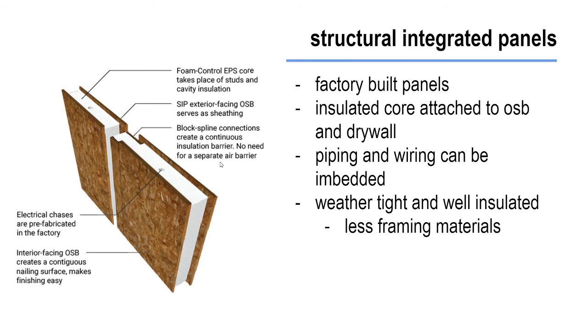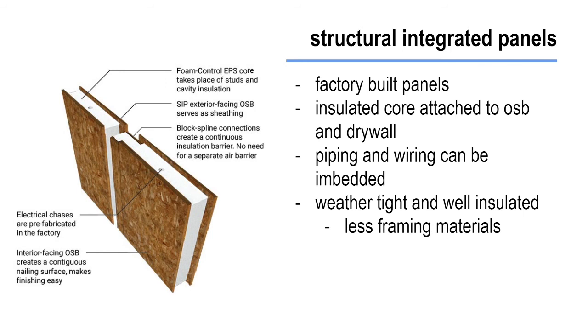Another material that you may see used are what we call SIPs, or structural insulated panels, which are factory built panels with an insulating core, and then we have OSB, or oriented strand board, adhered to the exterior surface, and even then sometimes on the interior we'll have gypsum wallboard. So both of those surfaces, though, can be altered to suit the design of the building, so it can be something else.